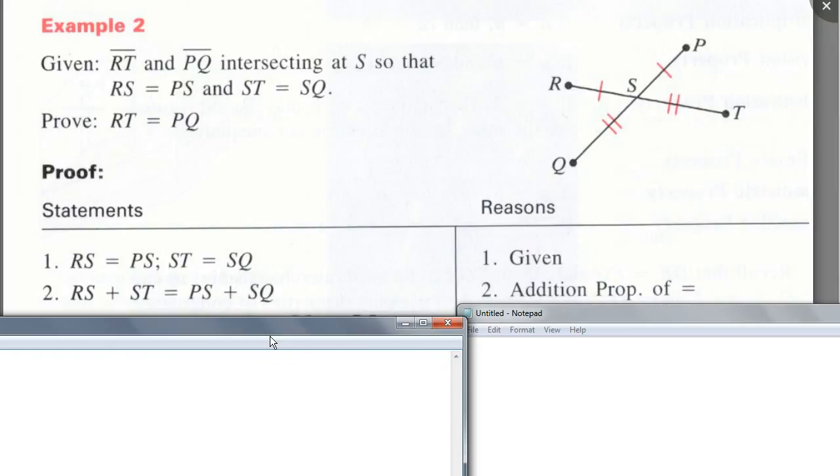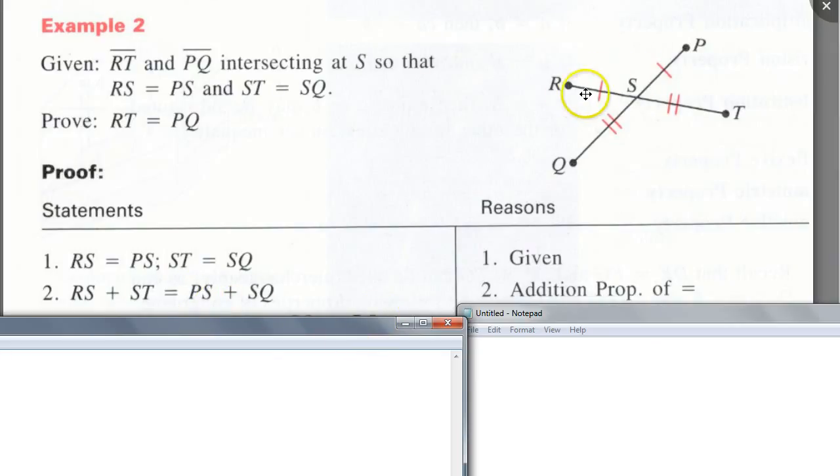How many people see how this will be helpful for us? Look, you could think of RS as A and PS as B, right? And then ST as C, SQ as D, right? And of course, A equals B, and C equals D. Then what can you say about A plus C? It is equal to what? B plus D.